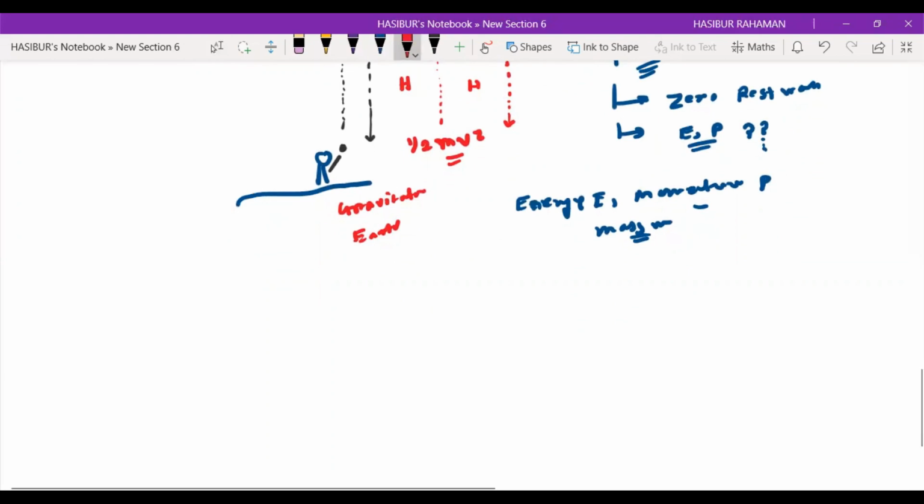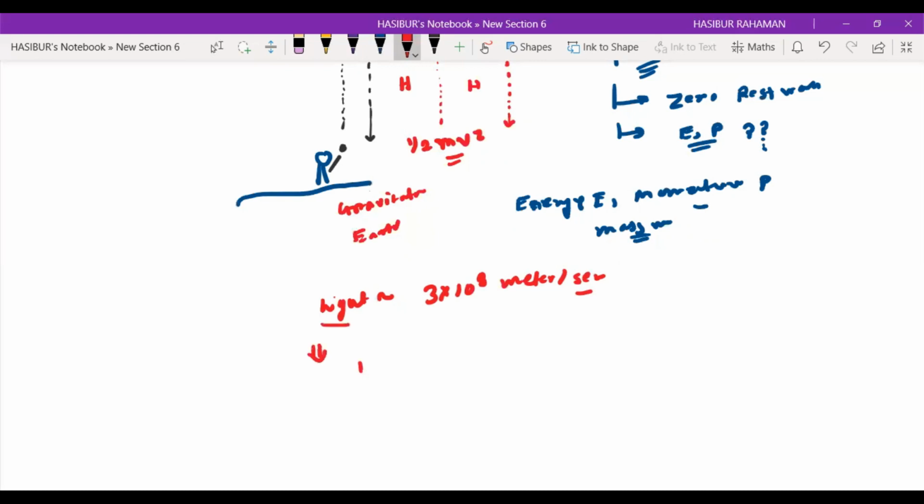Now light has a speed of 3 into 10 to the power 8 meter per second. And according to relativistic mechanics, whenever a particle has a speed comparable to light speed, we have to deal with it using relativistic mechanics.